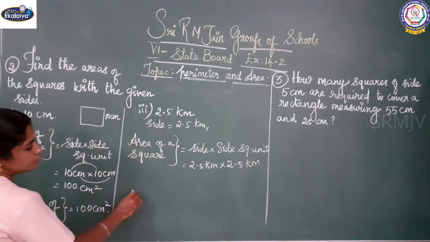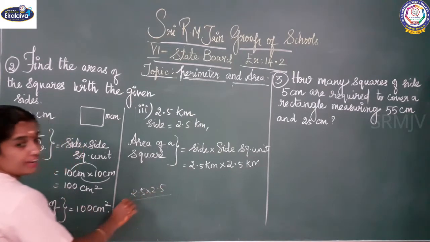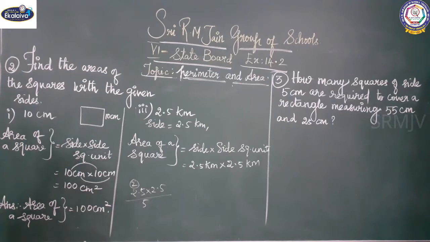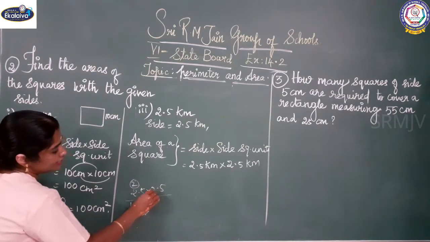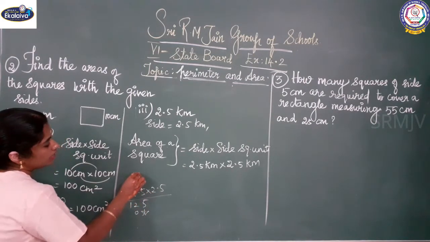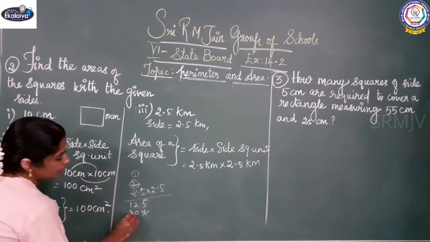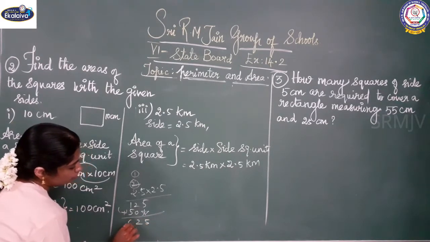Just you multiply 2.5 into 2.5. Listen, 5 5s are 25, 2 carry over, 5 2s are 10, 10 plus 2 is what? 12. And 2 5s are 10, 1 carry over, 2 2s are 4, 4 plus 1 is what? 5. Now I can add this 5, 2, 6.